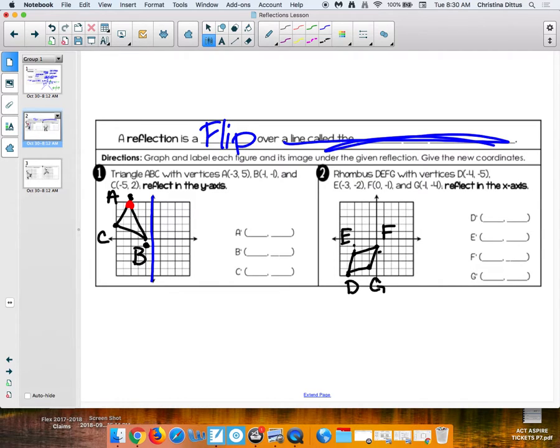I'm 1, 2, 3 away from my blue line, true? So I gotta go 3, staying on the same y, this same line. I gotta go 3 this way. 1, 2, 3. And there is my new A. My B, I'm 1 away, so I gotta be 1 away here, so here's my new B. And C, we're 5 away, so 5 away over here.